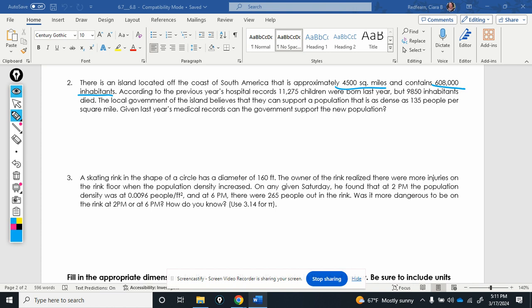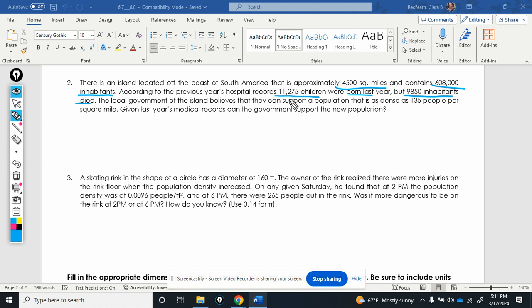That means 608,000 people. According to the previous year's hospital records, 11,275 children were born, but 9,850 inhabitants died.